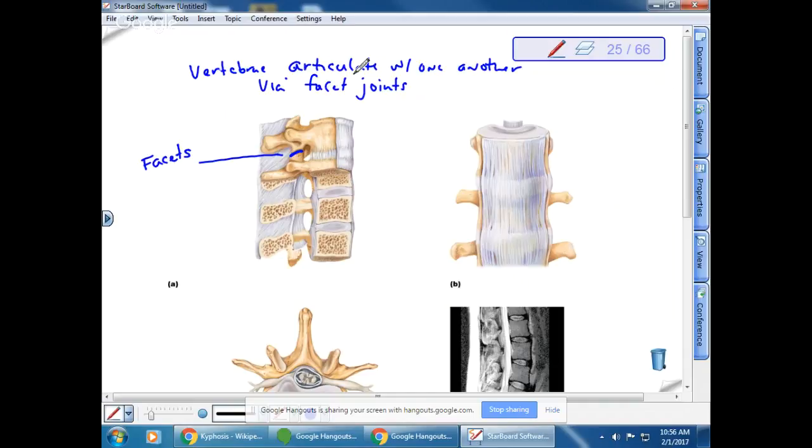Okay. So facet joints specifically are joints where the pieces of the bone are flat. So this is two flat bones coming together. Oftentimes, this is what your chiropractor, if you go to one, is sometimes trying to realign, those facet joints.